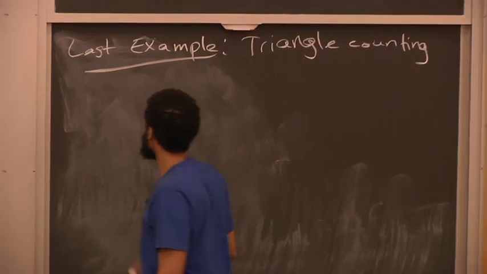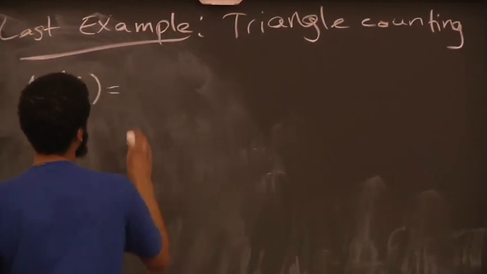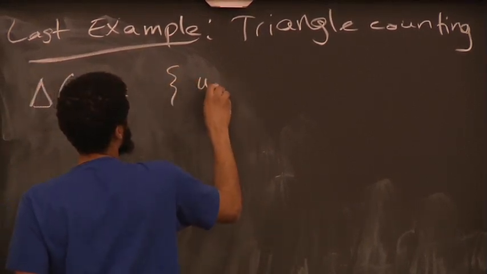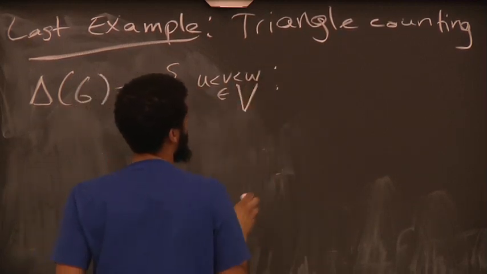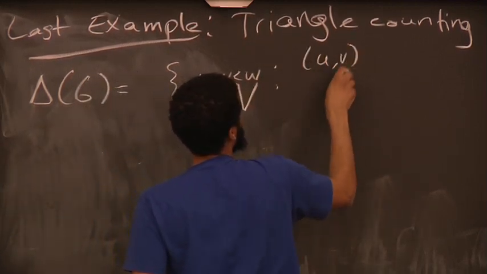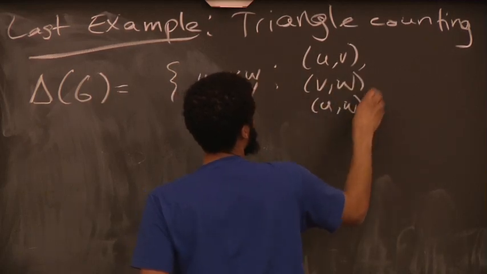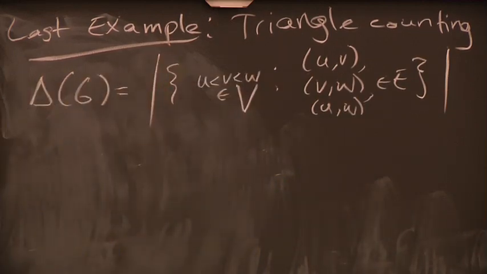Okay, so the number of triangles of G is defined to be: look at how many u less than v less than w in the vertex set are such that uv, vw, uw are in the edge set. Okay, it's the number of triangles in the graph.